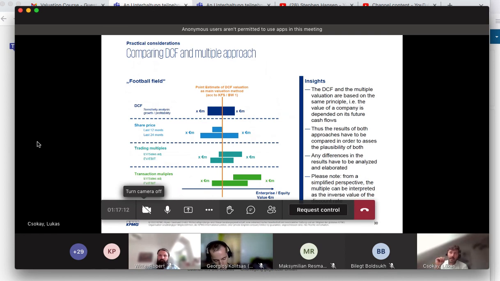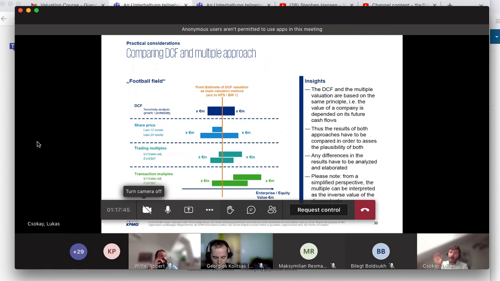For example, in this case, we used the DCF valuation. Our company is publicly listed, so we also have a share price to compare it to. And we also have trading and transaction multiples, for example. What we don't do is have a range from minimum to maximum over all the different valuation methods.